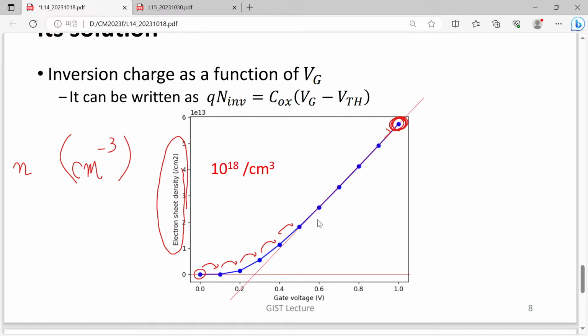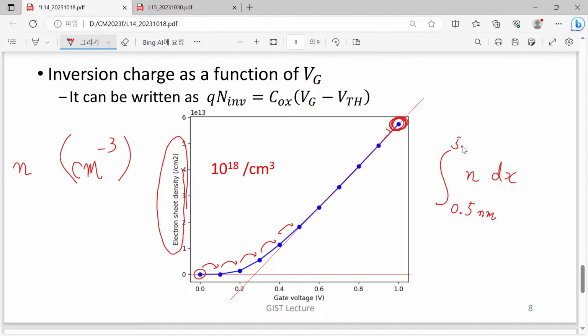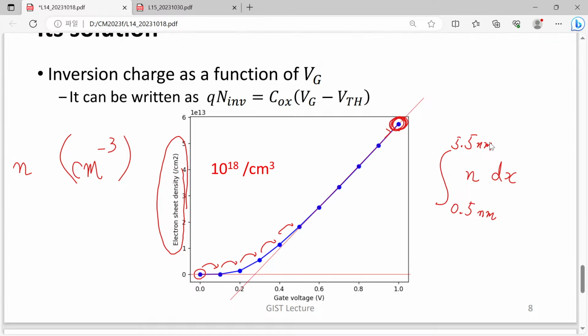For example, this quantity is exactly given by this integral, starting from 0.5 nanometer up to 5.5 nanometer. It means that inside your silicon layer, you just integrate your electron density.